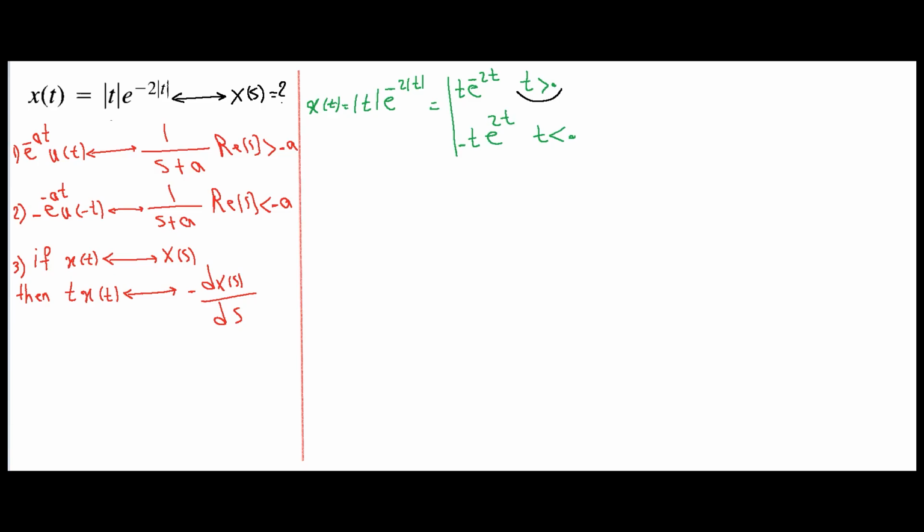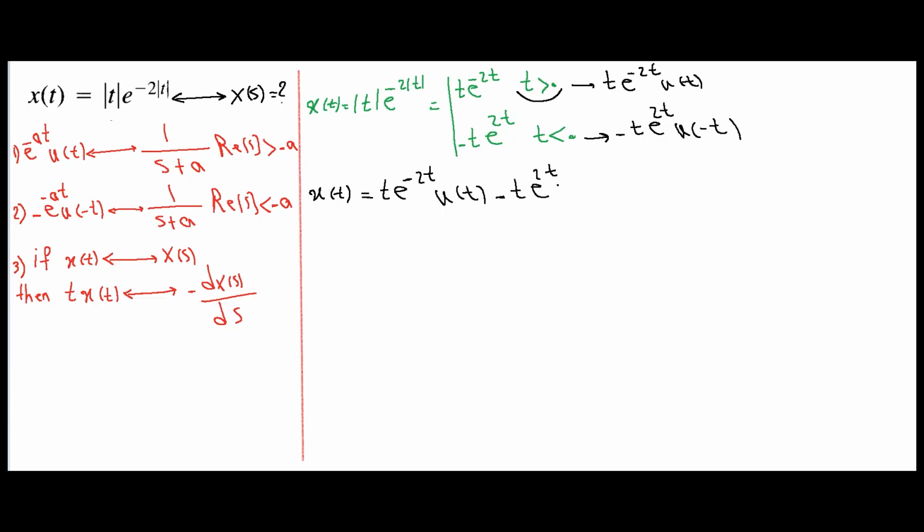Now we can rewrite the first part as t e to the power of minus 2t u(t), and the second part as minus t e to the power of 2t u(minus t). Therefore, the signal x(t) can finally be written in the desired form.